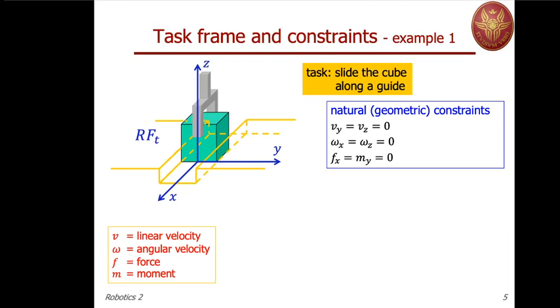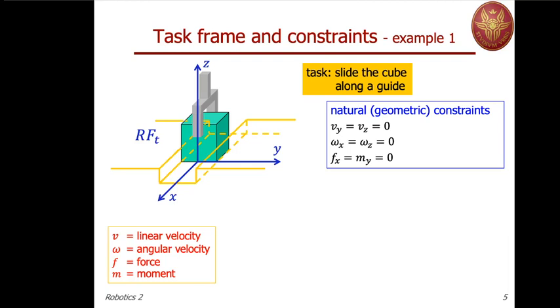And similarly, the cube, in this situation, would be free to rotate around the y-axis. We don't want to do this because we would like to execute the task as specified, so we would like to slide, and this will appear in the artificial constraint.